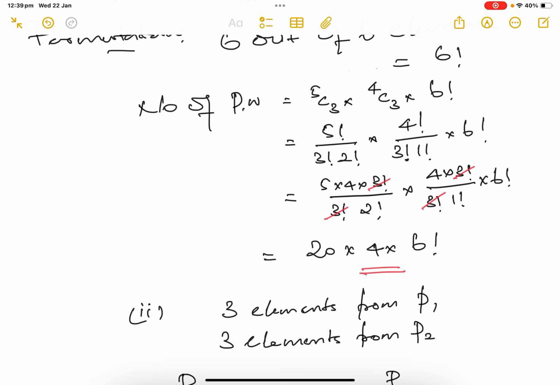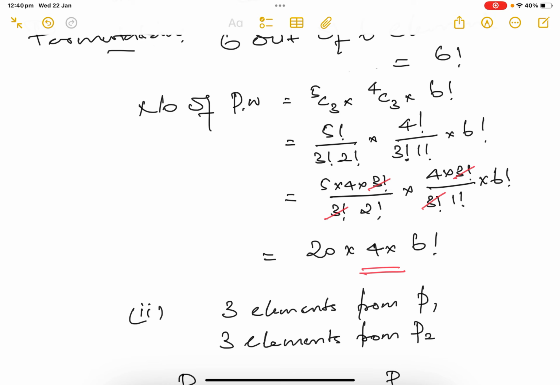So 5C3 is 5 factorial divided by 3 factorial, 2 factorial, times 4C3, which is 4 factorial divided by 3 factorial, 1 factorial, times 6 factorial. 5 factorial can be written as 5 times 4 times 3 factorial, and in the denominator, the 3 factorial cancels.